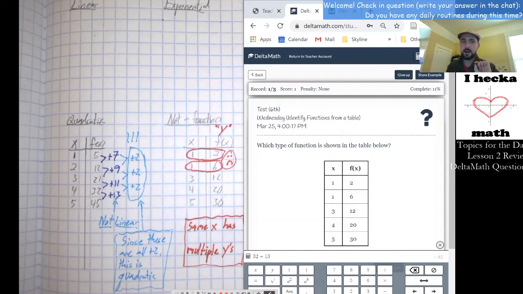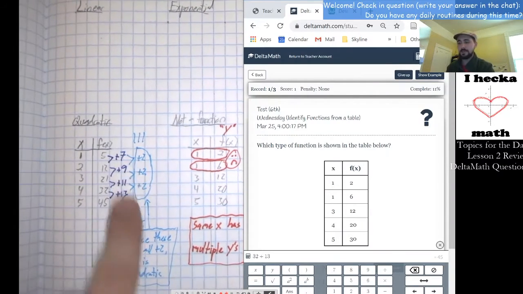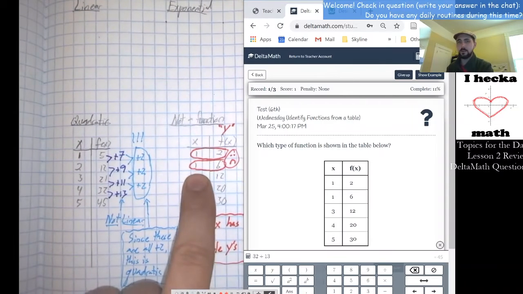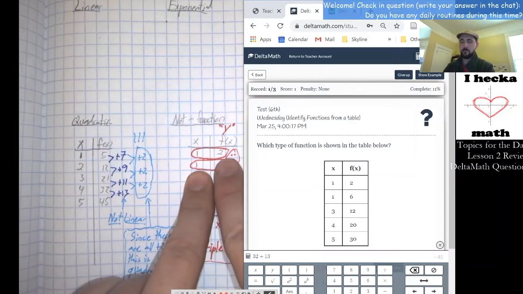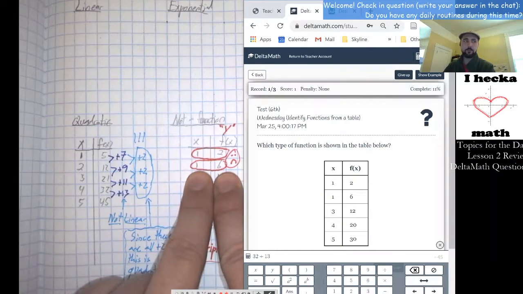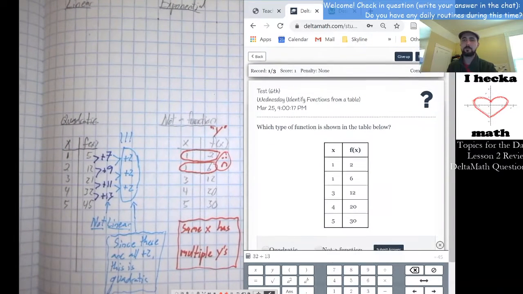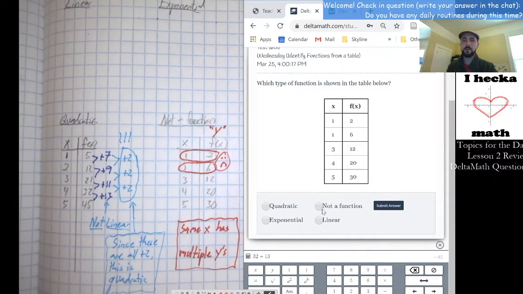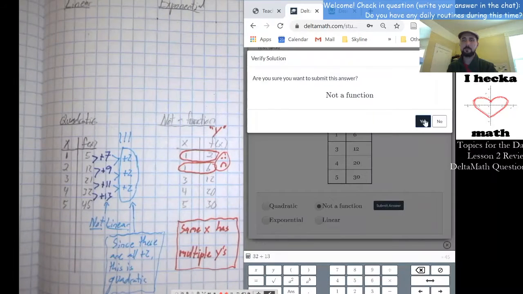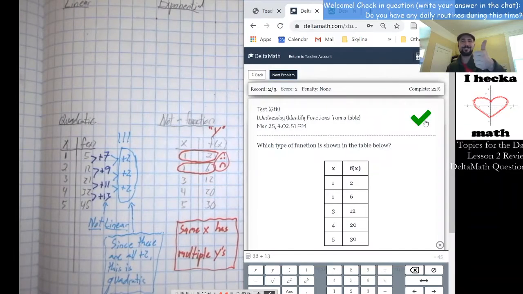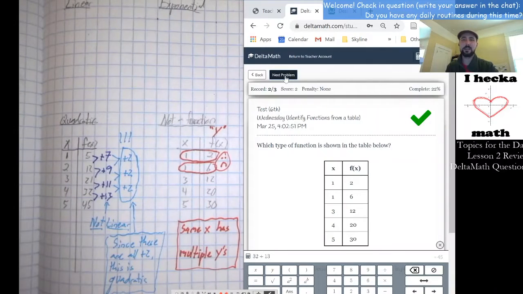Looking at the y's doesn't help you the same way it did for the quadratics. You have to notice that the 1 shows up twice, but that the numbers across from the 1 are different. All right, so not a function. Submit answer. Yes. Green check mark. Feels good. All right, next problem.